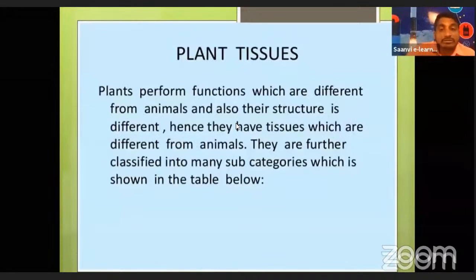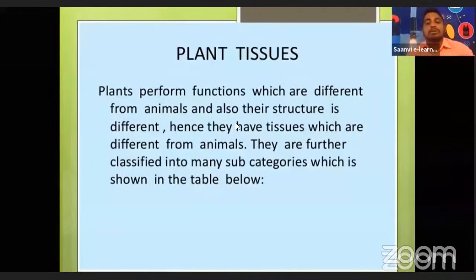Hence, they have tissues which are different from animals. See here, children, of course animals are multicellular and plants are also multicellular, but the functions plants perform are totally different from animals, and with respect to structure also they are different.